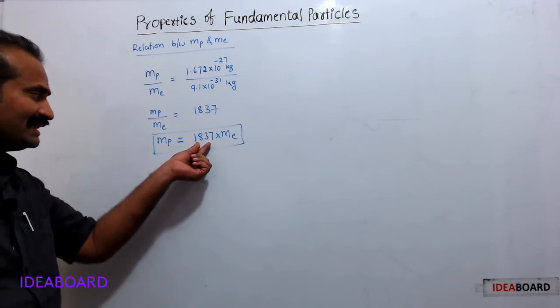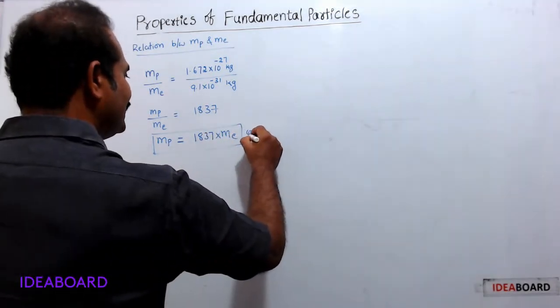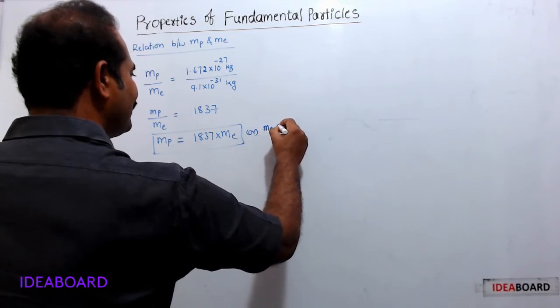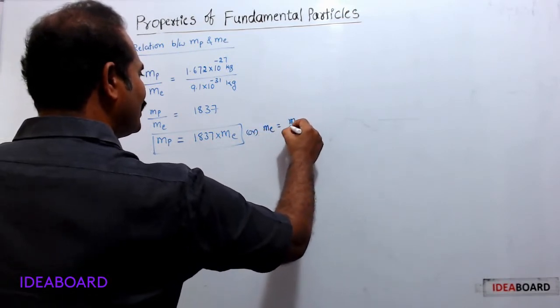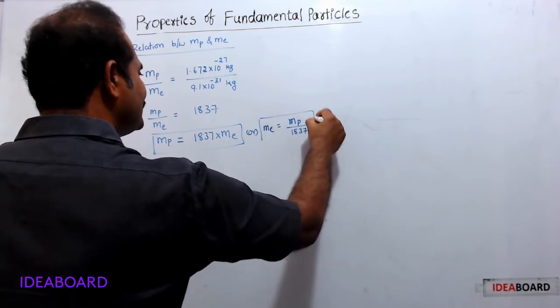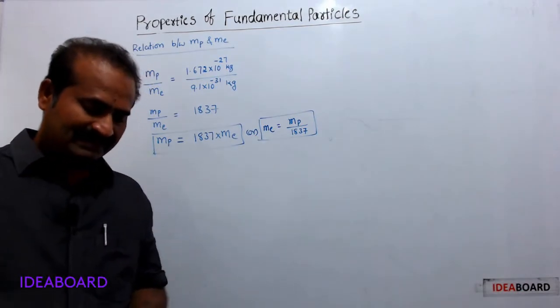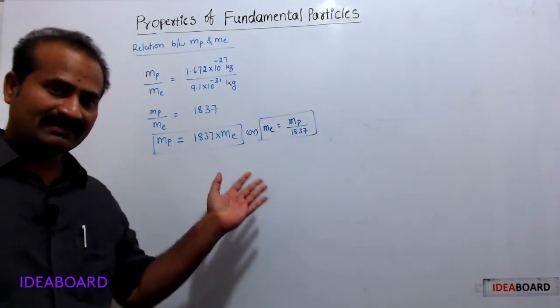How many times? 1837 times. From this, mass of electron is mass of proton by 1837. This is the relation between mass of proton and mass of electron, sometimes used while solving numericals.